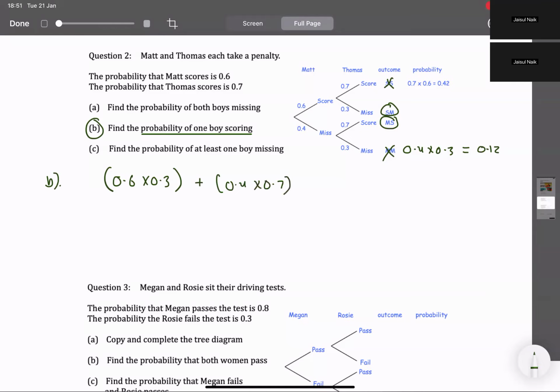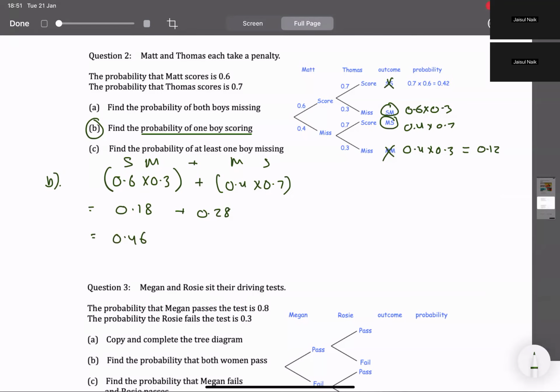I can also write them on the side, but I don't need to do that. Now I can add them up. So 0.18 plus 0.28, and that gets you 0.46.